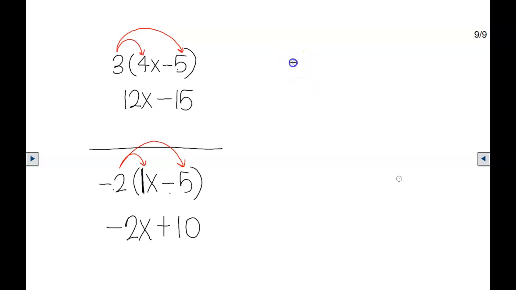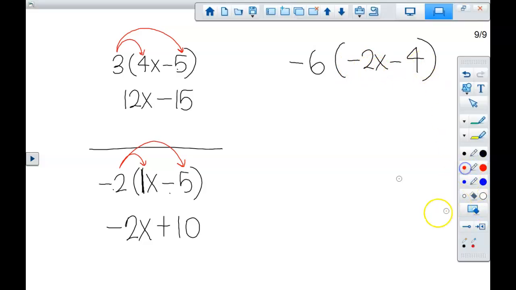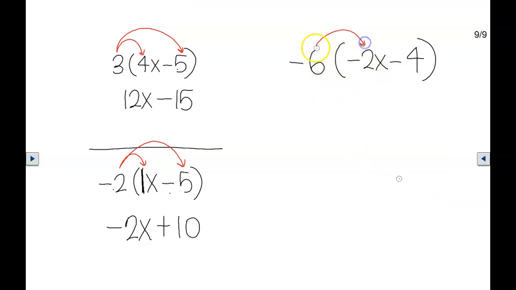Let's say we have negative 6 times negative 2x minus 4. So my 6 is a negative 6, my 2 is a negative 2, my 4 is a negative 4. Distributive property tells me that to multiply negative 6 by this entire group, I multiply negative 6 by each member of that group.